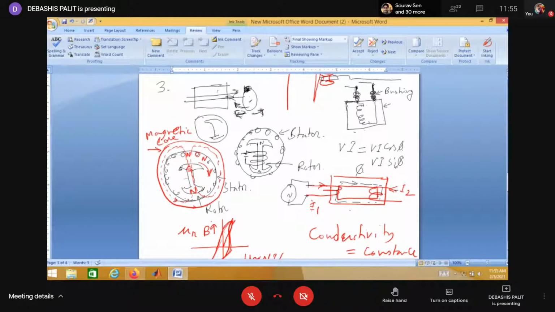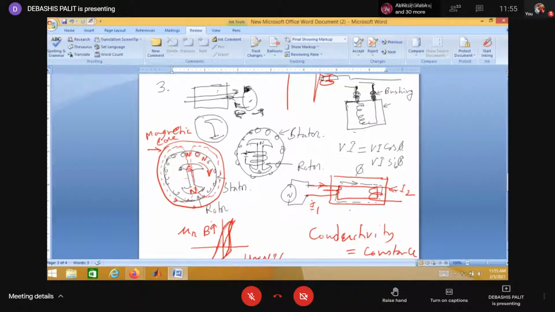Energy is not wasted in the flux case. For a magnetic circuit, wastage of energy is nowhere. Only reactive power is required for creating the flux. But energy is always wasted whenever you flow a current through an electric circuit.